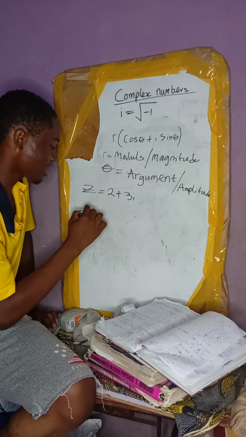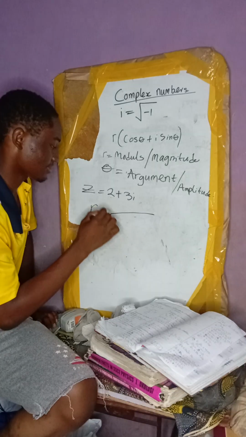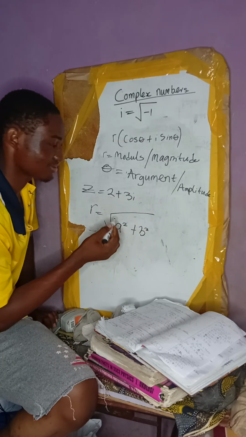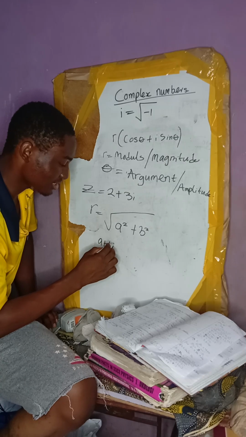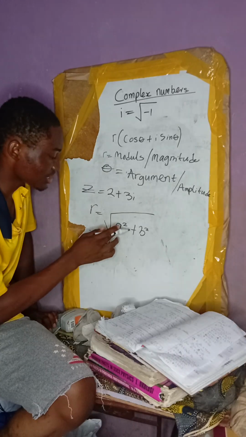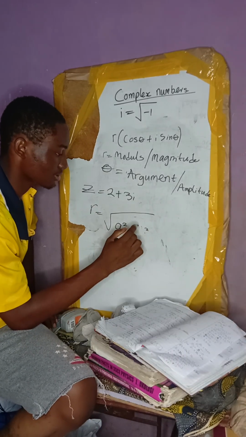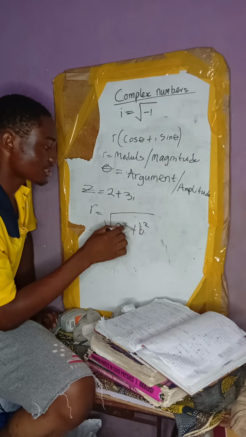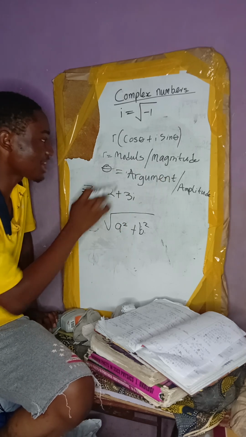Very similar. r is equal to the square root of a squared plus b squared. Remember, in Cartesian form, we represent a complex number using a plus bi. So your a here is 2, and your b here is 3.